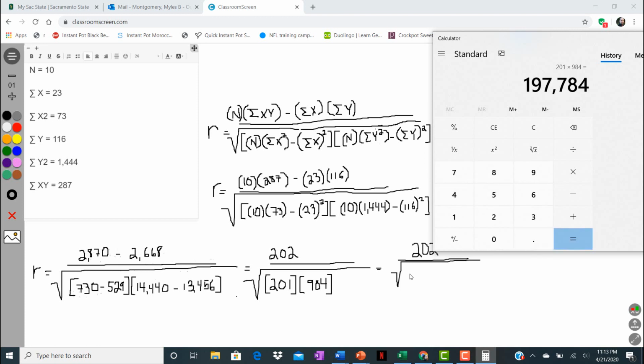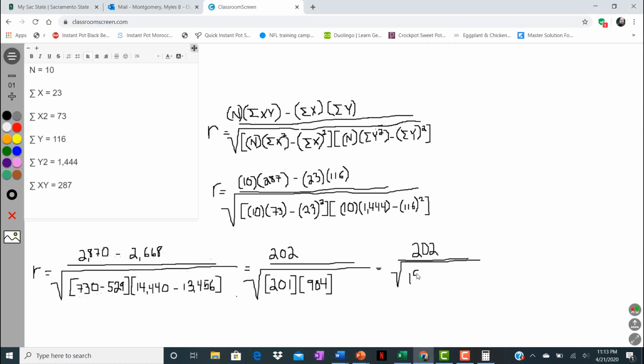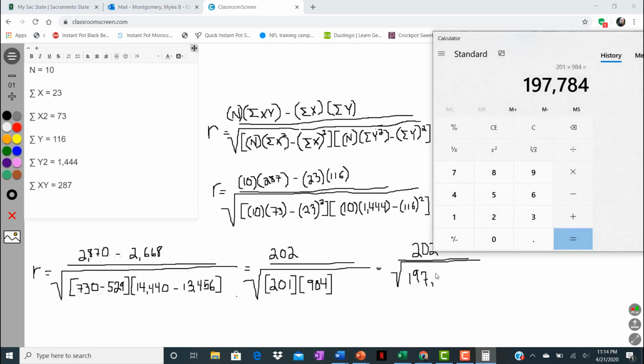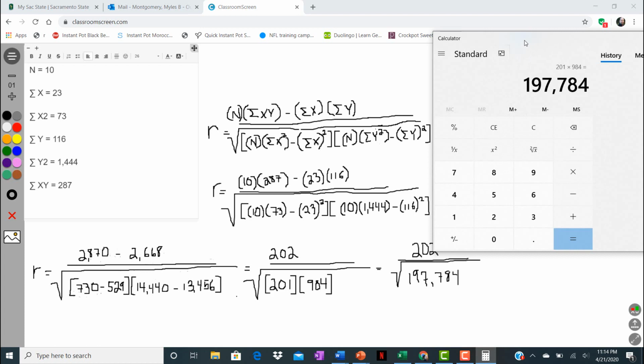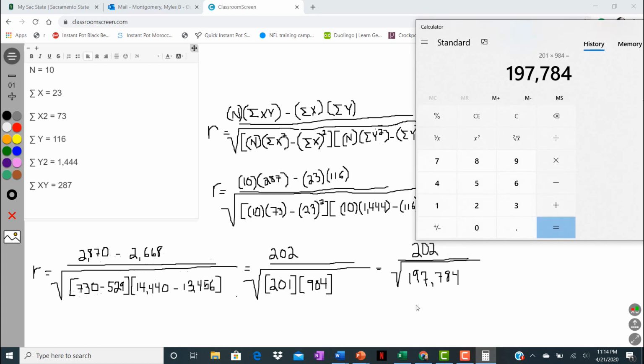Okay. What we got? 197,784. There we go. We have that number up here already. Okay, it's up there too. We'll take the square root. Okay, 444 and 0.73.